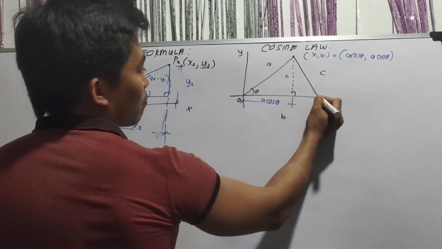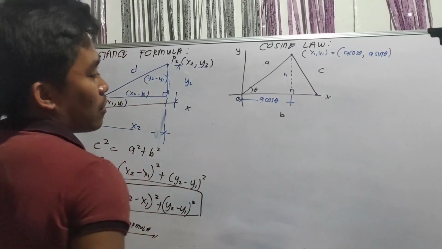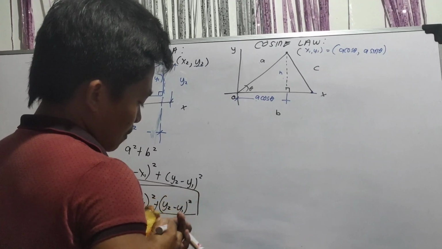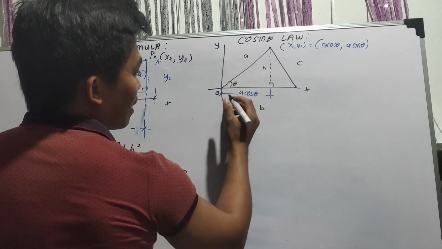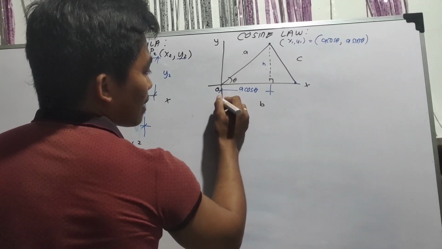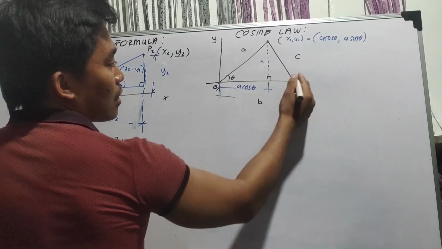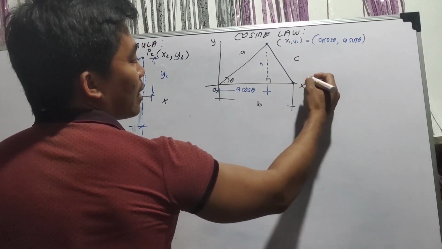Now, another point of interest is this point. We need to look for its coordinates. The distance B here is the distance from the y-axis up to this point. So this is B. We all know that its y-coordinate is 0.